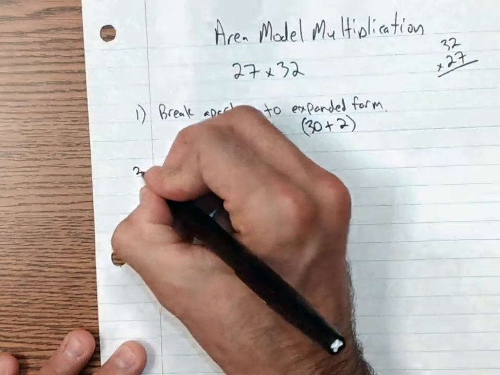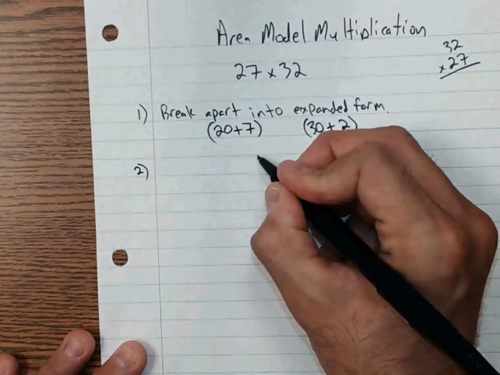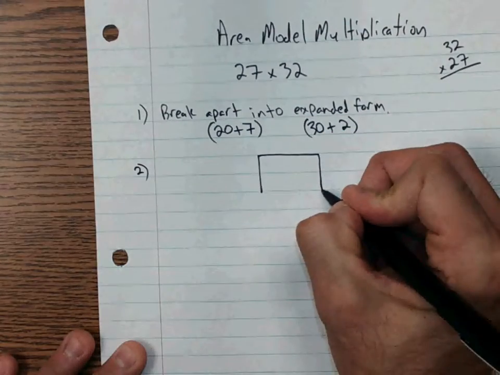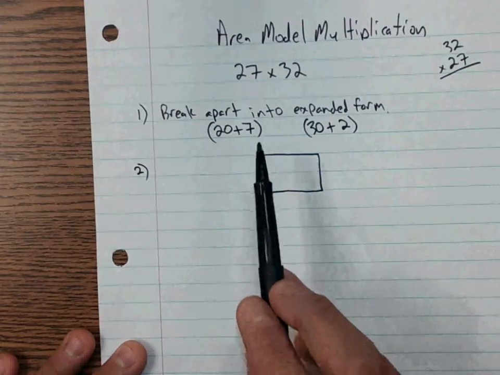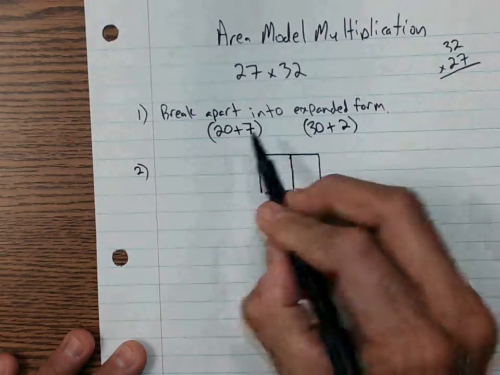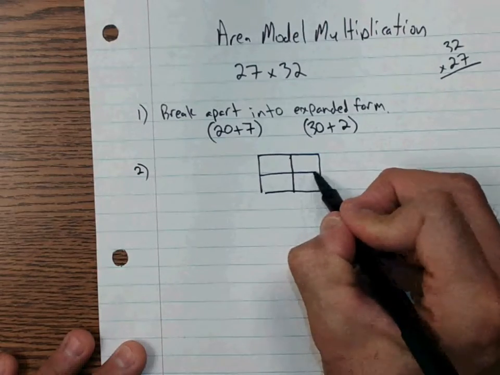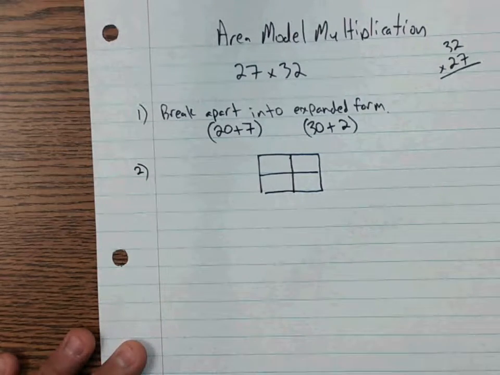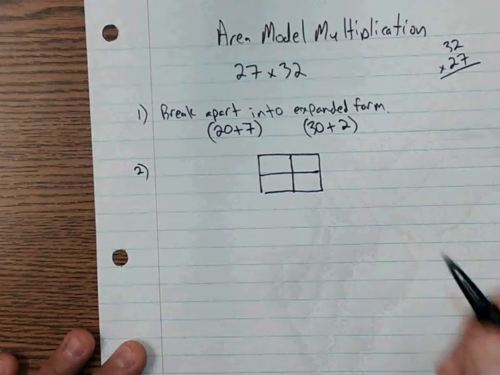All right. Second step, draw a box. It's a rectangle. And for each place value, that's how many sections. So I've got 2 place values here, and 2 place values there. So that's how many total boxes you need within your box, 4 sections.